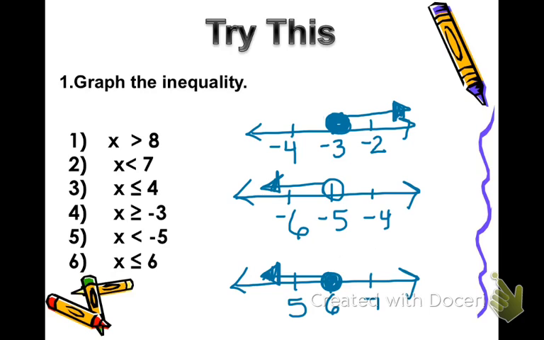If we had one that is, say for instance, -2 is less than x, you realize that we couldn't have it pointing to the left, even though we would look and think that that might be the arrowhead, because you have to see the side of the symbol that the variable sees. And the variable sees the greater than symbol.